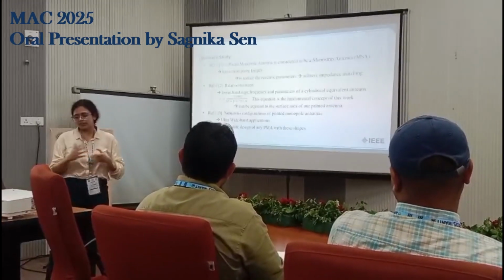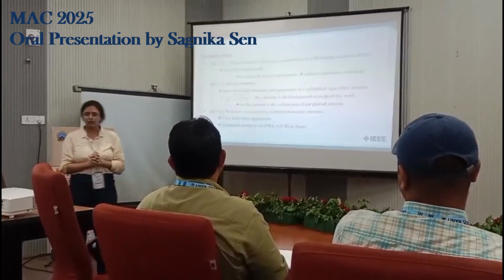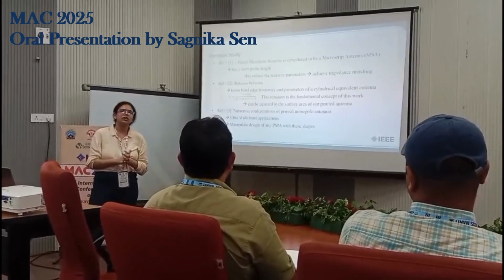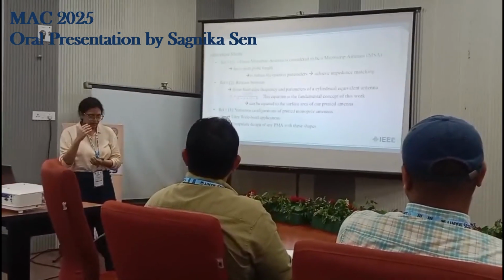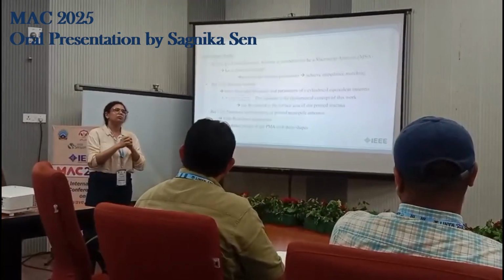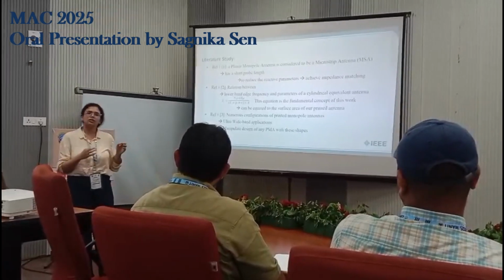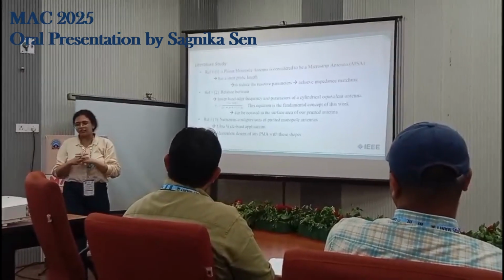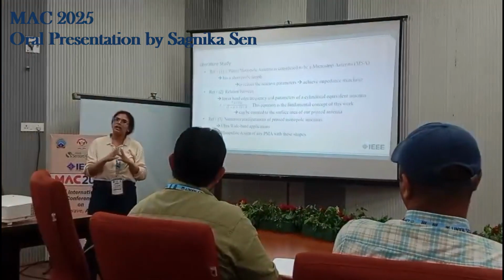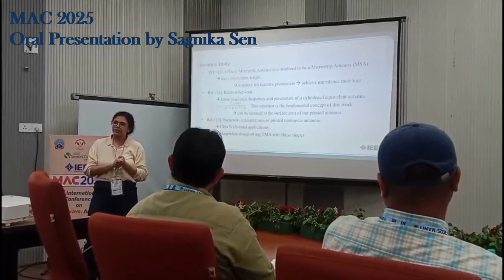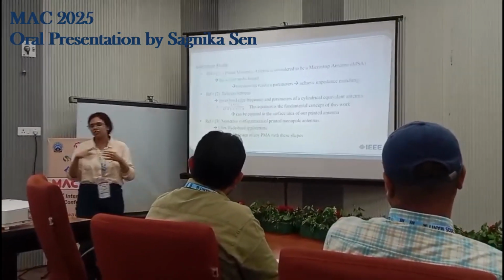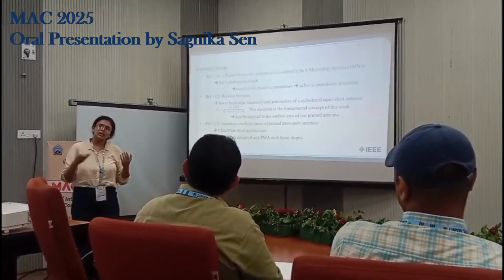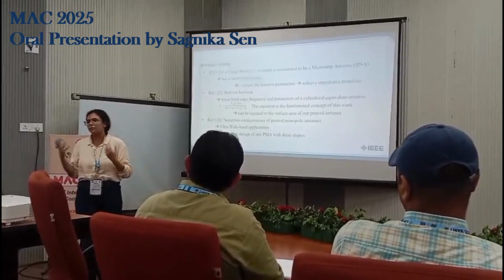In my literature survey, since I wanted to work on planar monopole antennas, the first thing I had to know was how to design one. One of the most important things I came across, in reference one, is that the antenna should have a short probe length because it will reduce the reactive parameters, and that way the impedance matching will be better.